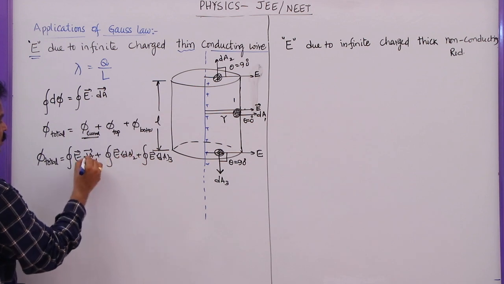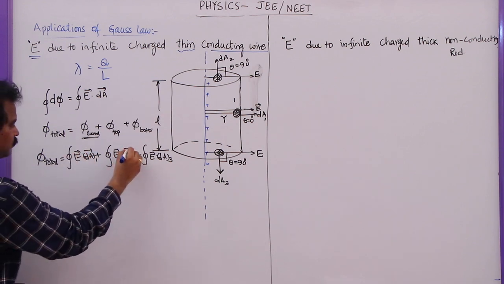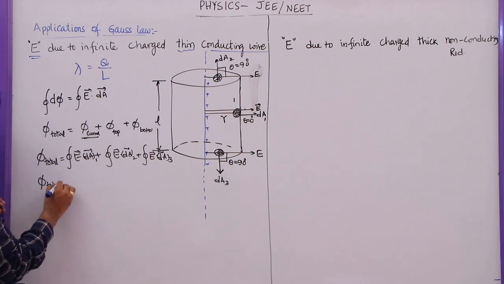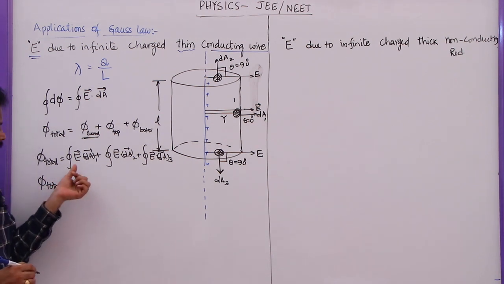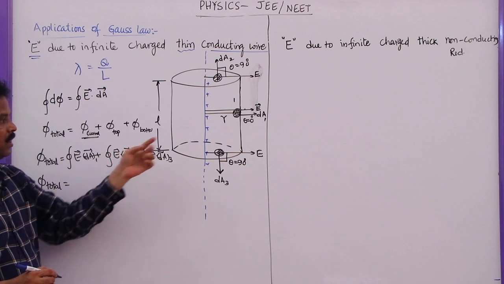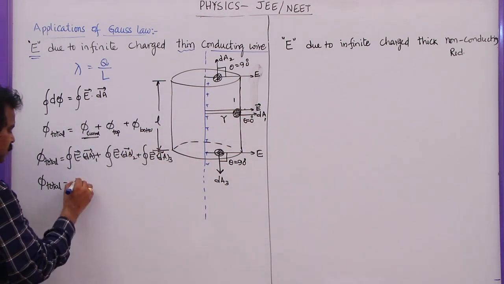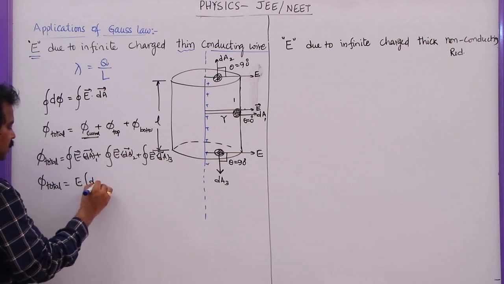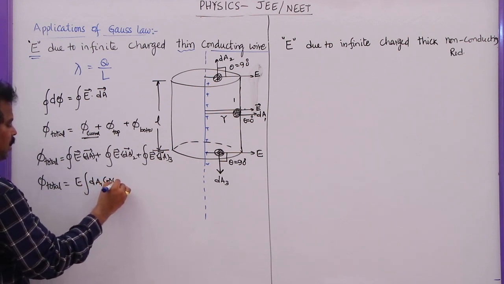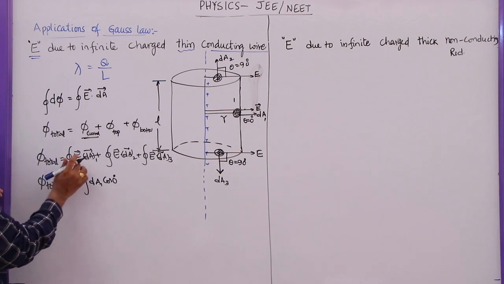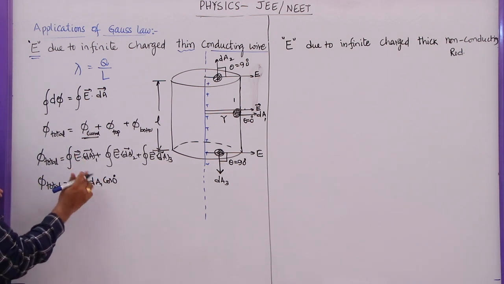So these are the three terms here. Now the total flux through this surface depends on how the electric field and the area vector are acting here. For surface 1, both are parallel to each other, so I can write this as E integral dA1 cos 0. Actually E bar dot dA bar can be written as E A cos theta, but I am integrating.